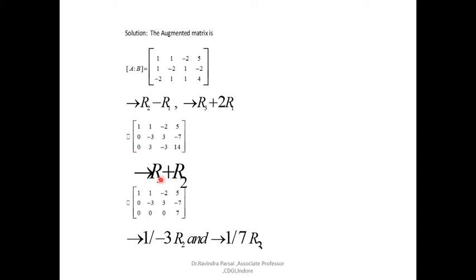Now you make the second pivot element's column below it 0. On applying R3 plus R2, 3 minus 3 is 0, minus 3 plus 3 is 0, and minus 7 plus 4 gives minus 3... the remaining value is 7 in the last row. Since the second row is divisible by 3, you divide by minus 3, and the last row is divisible by 7, so you divide by 7.